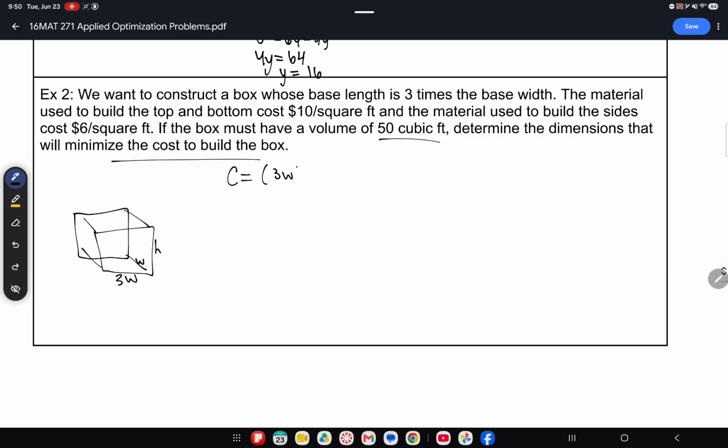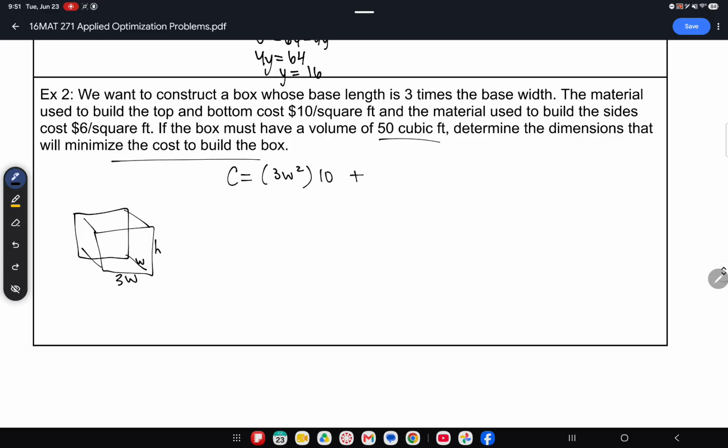So 3W times W, so 3W squared, and then that's $10, so times $10 plus the sides. All the sides cost 6.